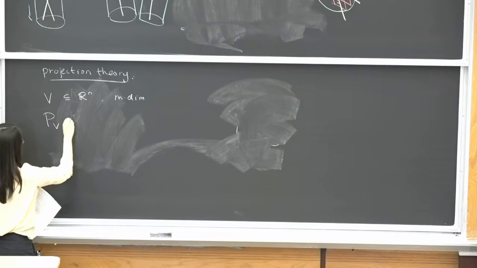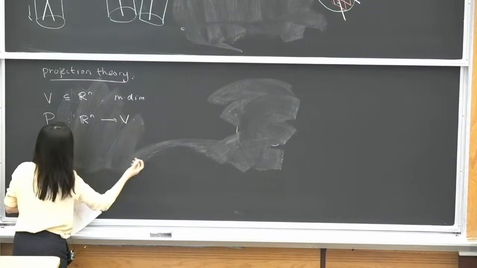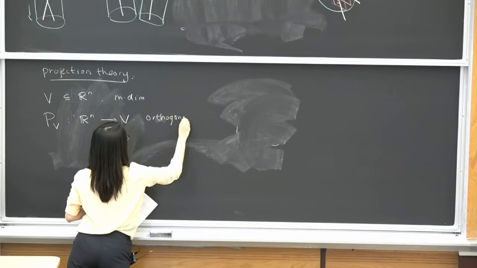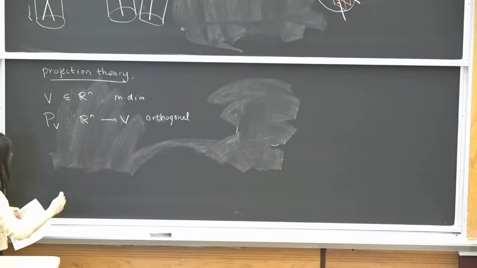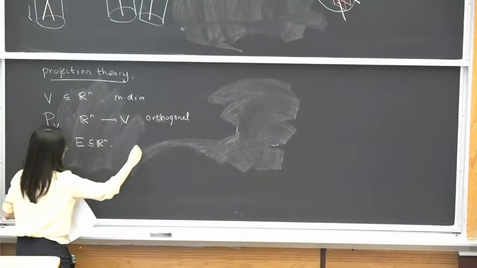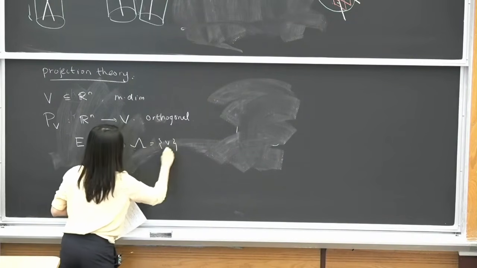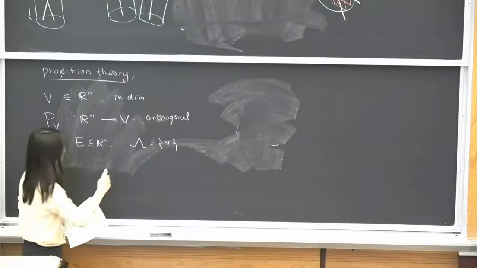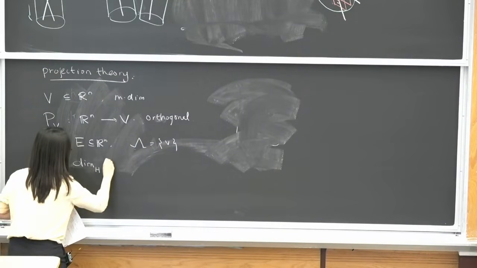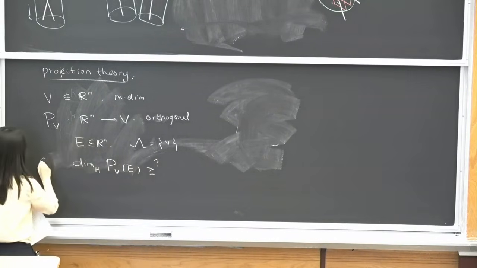And we study the orthogonal projection from Rn to V. The projection theory studies, if we have a Borel subset of Rn and a collection of m-dimensional subspaces, what can we say about the Hausdorff dimension of the projection image?